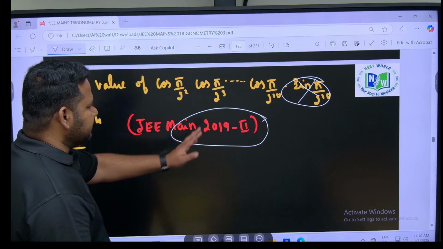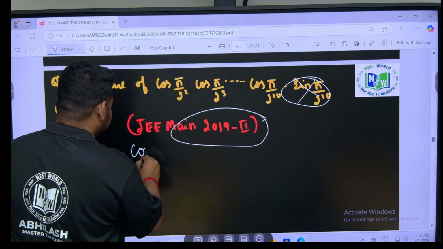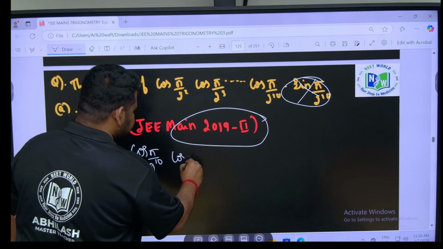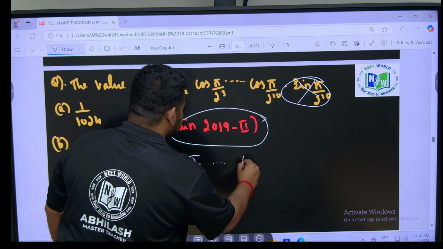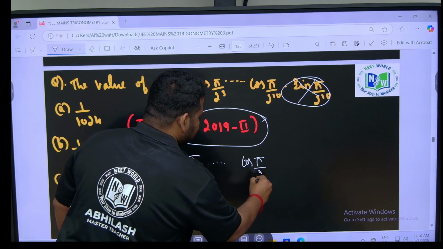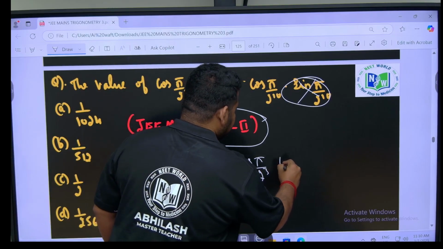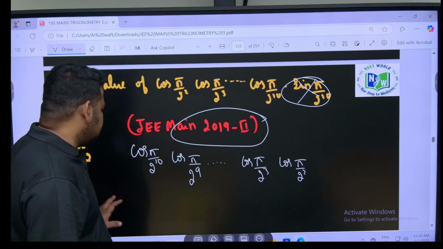Here, let me take it in reverse order. That is, I will write cos of pi by 2 to the power of 10, cos of pi by 2 to the power of 9, like that, cos of pi by 2 cube, cos of pi by 2 square. I will tell you why I am writing in reverse order. Let me write down the formula.